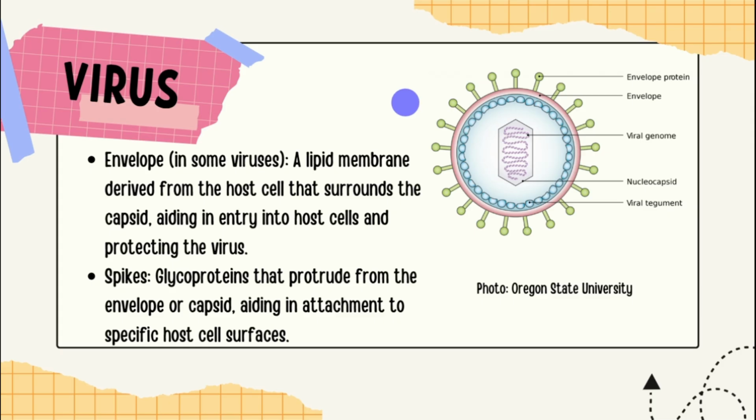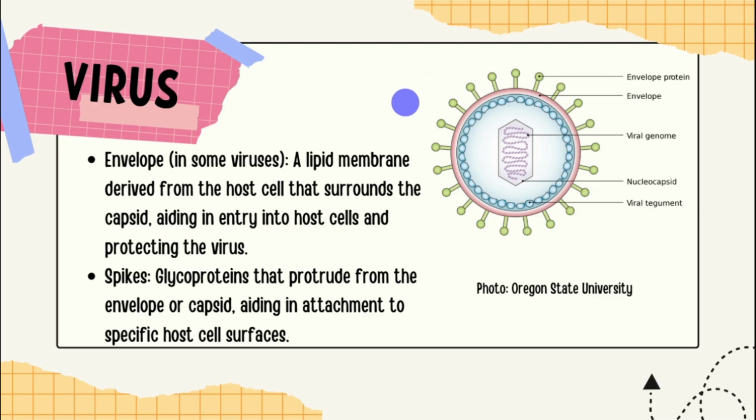And the spikes. Again, most membranes are made up of lipids, because we know that the cell membrane in our plants and our animals are also made up of phospholipids. When I say phospholipids, basically they have a hydrophilic head and a hydrophobic tail, and it's like a double membrane.